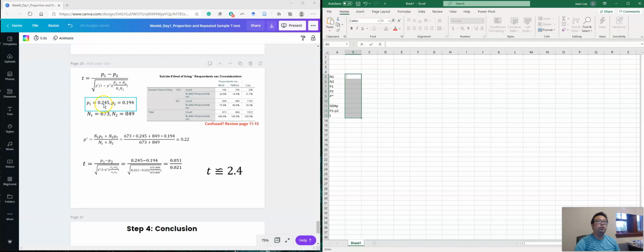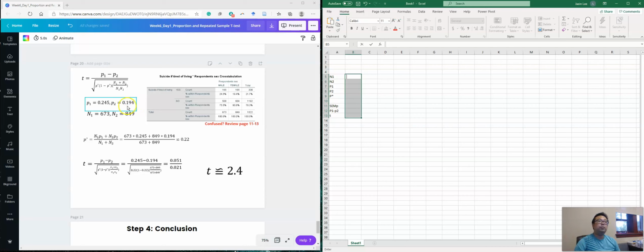So it was 24.5, but the point is moved to the left two places. So that will be 0.245. It's the same with 19.4, the point is moved to the left 2 steps.